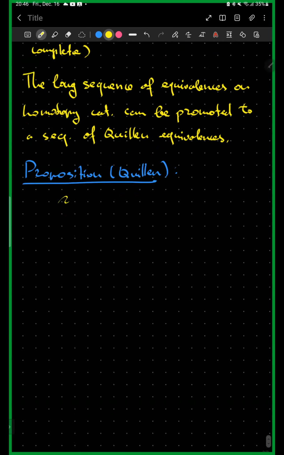So assume that we have two categories with weak equivalences, C1 and C2, and we have a pair of adjoint functors.